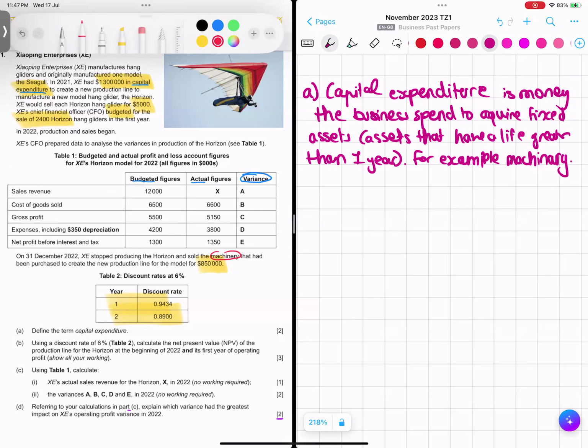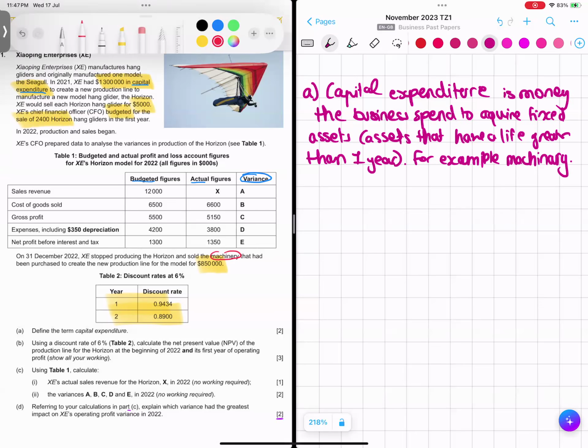I think this is a good answer, because here you actually say what capital expenditure is, so you define it. Then you also are more specific and talk about what fixed assets are. That way you show the examiner that you understand the nuance and the details. If you write only that capital expenditure is the money that business spent to acquire fixed assets, you gain 1 point because you just gave the basic definition.